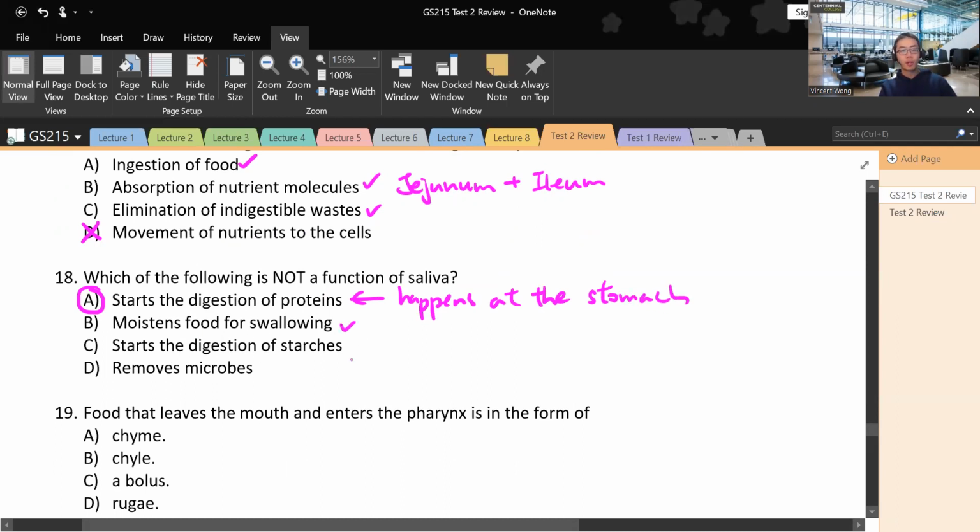Moisten the food for swallowing, that's true. Start the digestion of starch, that's true, right? Because of amylase, I told you. Remove microbes, that's also true because saliva contains lysozyme. Lysozyme is part of your chemical barrier.